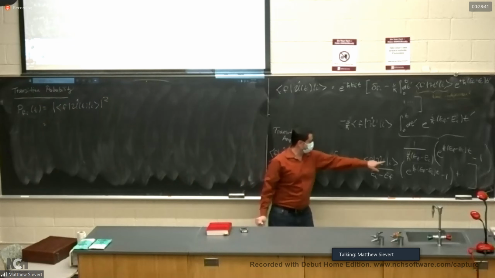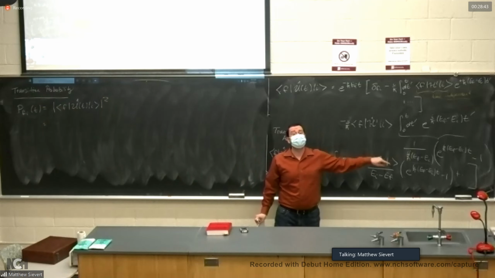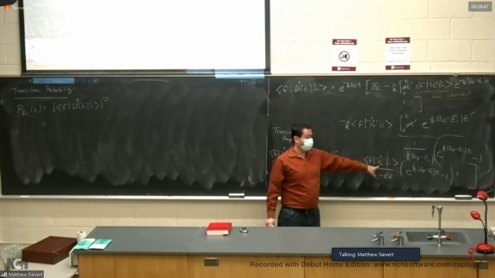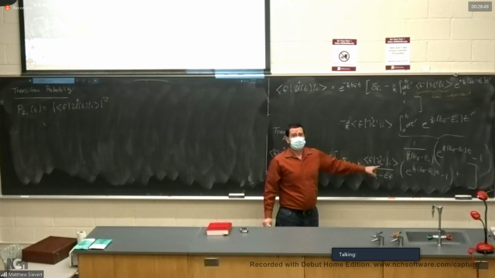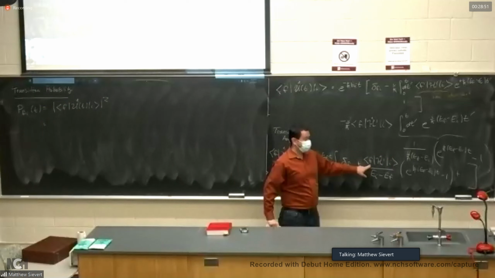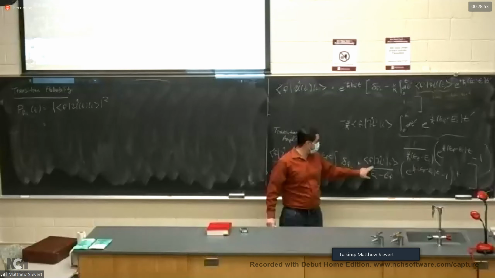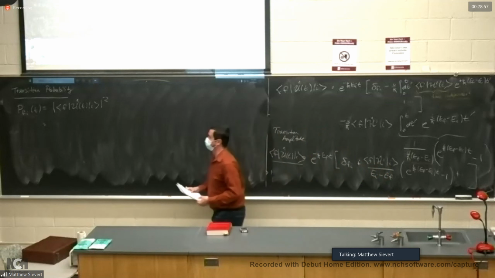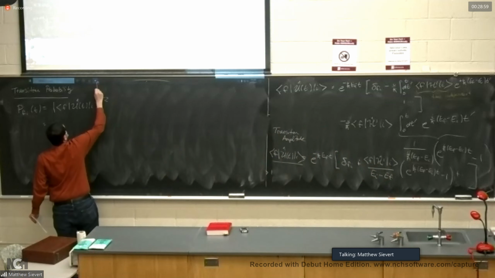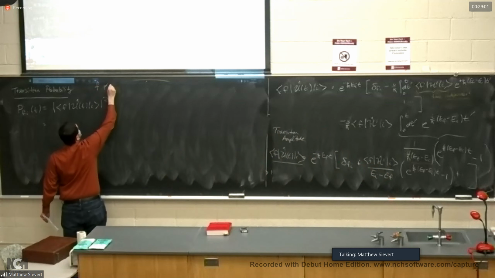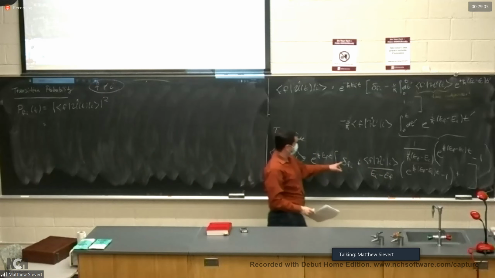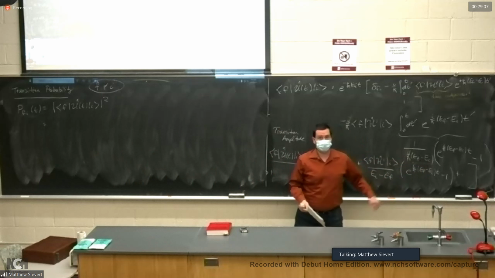So for our purposes, this will single out the factor in brackets. Now I have to consider what happens if I'm in the same state or I'm in a different state. Most of the time, I'm going to be talking about transitions to a different state. So let me assume that final is different from initial, so I don't have to include that Kronecker delta as well. So let's take the transition to a final state f different from i. Then that gives me just the absolute value square of this piece, the real action part.